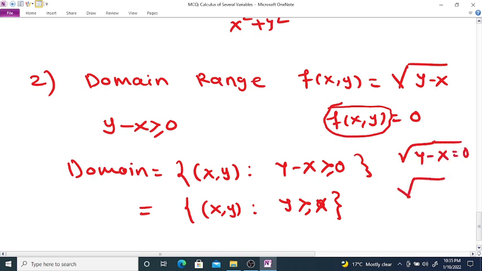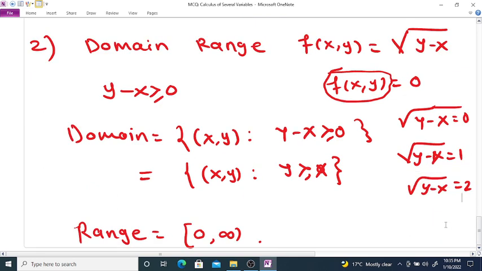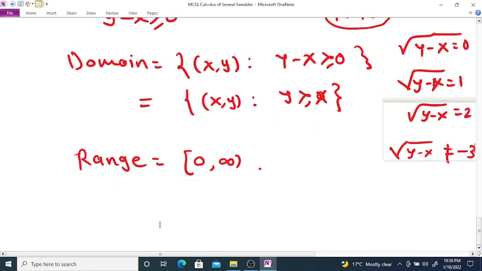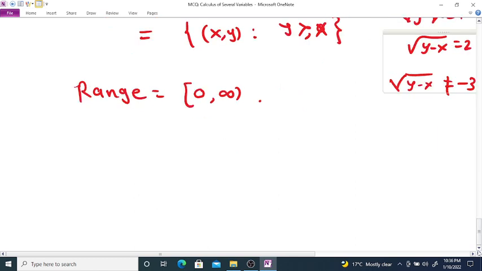We can also find y minus x equal to, say, 1, 2, 1.5 and so on, but we cannot find y minus x equal to minus 3 or minus 2, since it is a square root function. Such x and y do not exist, and therefore the range of this square root function is 0 to infinity.